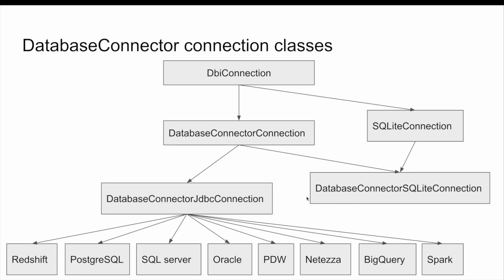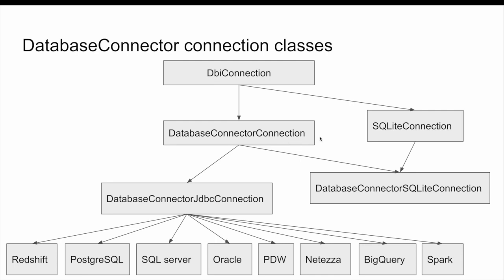Now, for something like SQLite, we're using the RSQLite package. We still want this to inherit from the database connector connection class, because we want to make sure that it still uses the methods that we define for database connector connections.